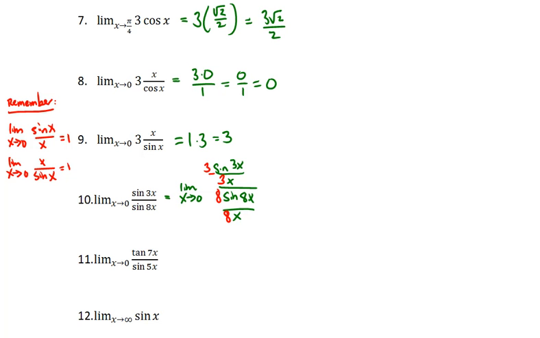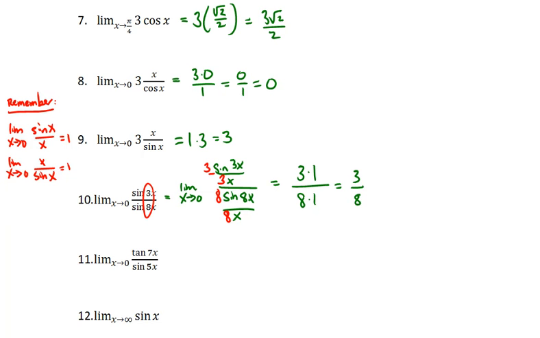And we're going to multiply that by the 3 on the outside. So we get 3 times 1, and in the denominator, sine 8x over 8x is also 1, and we have 8 times that. And so we ended up with 3/8.